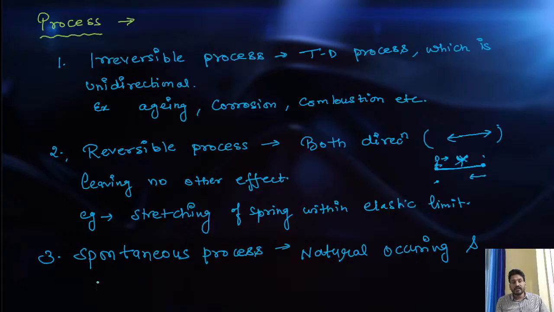It is naturally occurring and irreversible in nature. So whatever the natural processes are, those are irreversible processes. So natural processes are spontaneous processes. Okay? Is it clear to you guys?